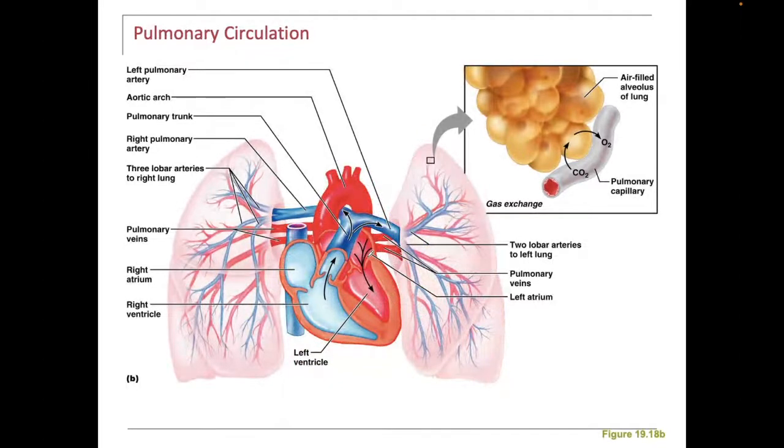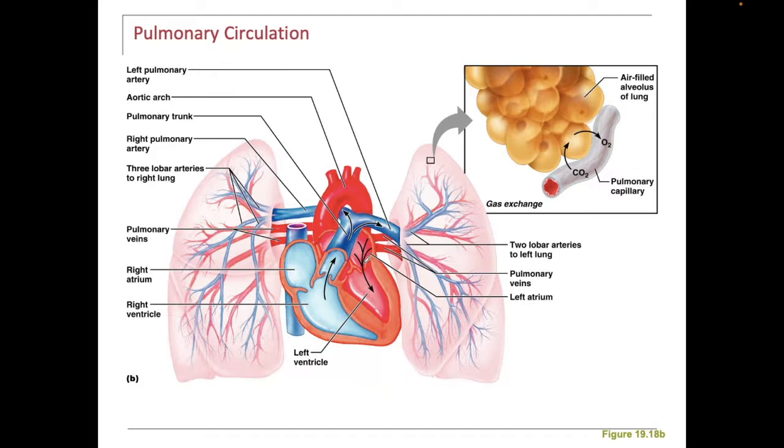So I really like this picture because, if we take a close look at it, it explains a few things. We already know that the top chambers are atrium, the bottom chambers are ventricles. What I want to point out is if you look at the right side of the heart, right atrium, right ventricle, notice that everything here is the color blue, and everything on the left side, left atrium, left ventricle, is red.